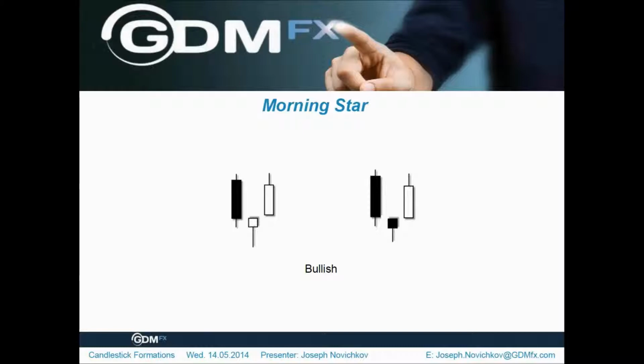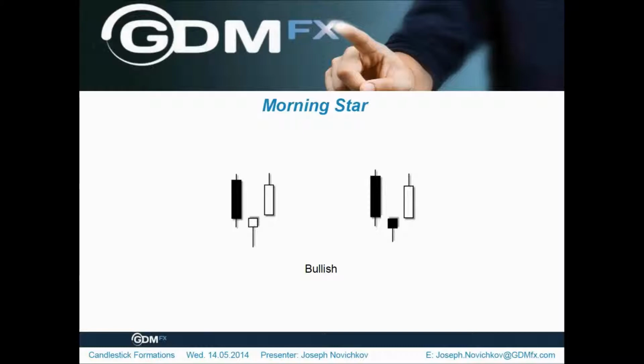Now, the Morningstar represents 3 individual candlestick lines. The one that you see right here, the Morningstar, is a bullish reversal signal. Now, it occurs in a downtrend.